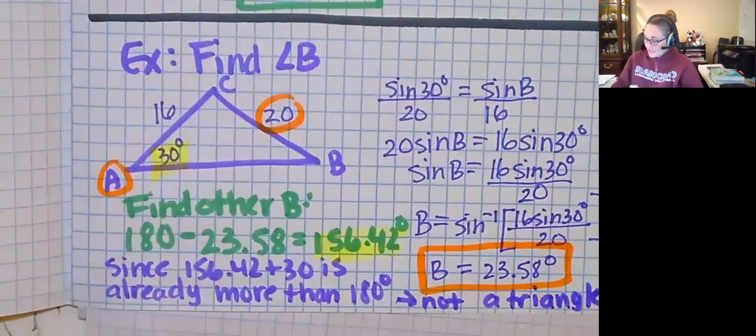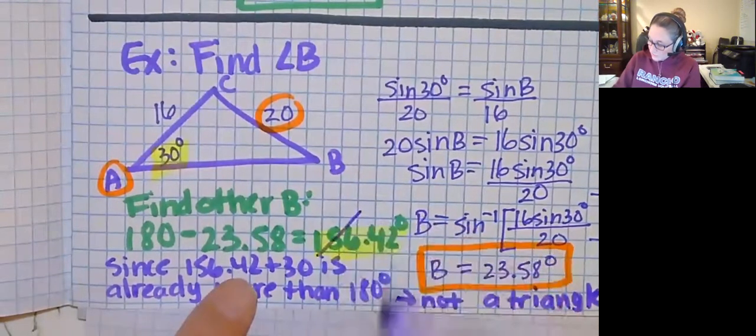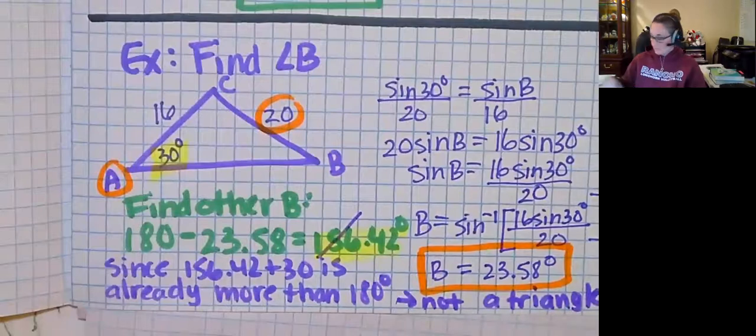So in this case, we're only going to have one possibility. This one here, that one's not going to work. So we only get one. The last one we got two, this one we got one.